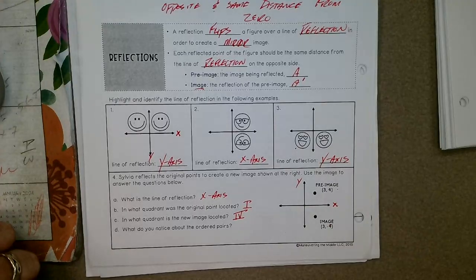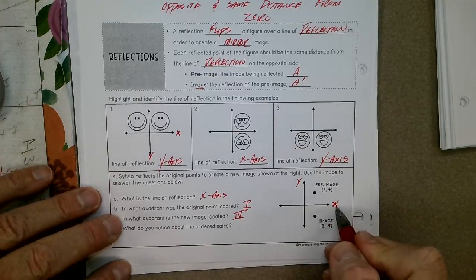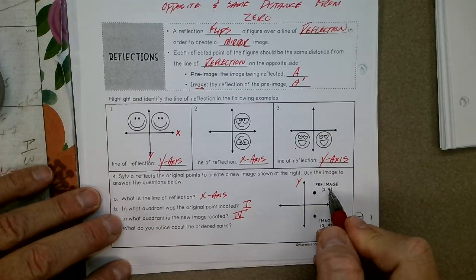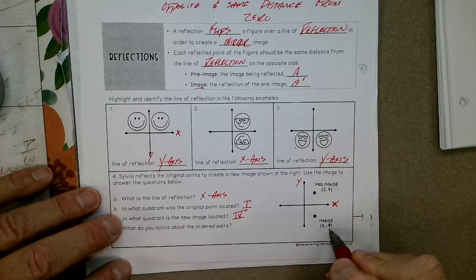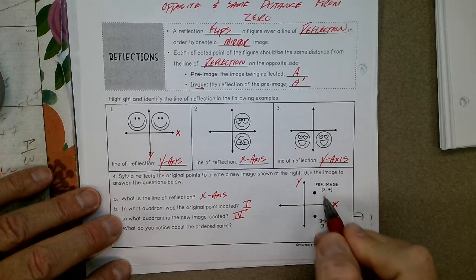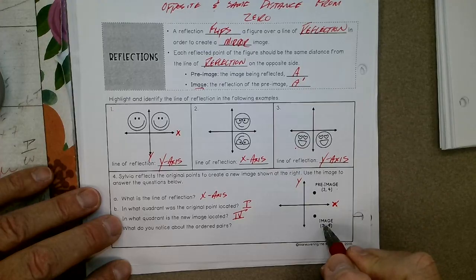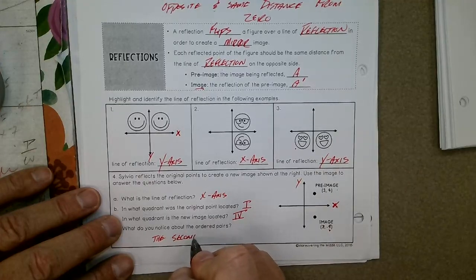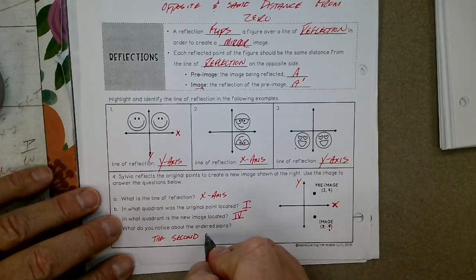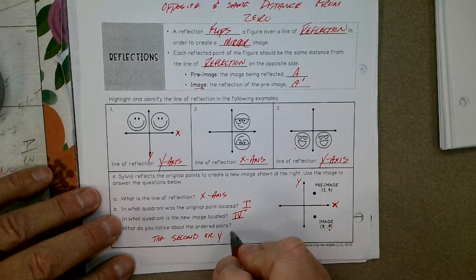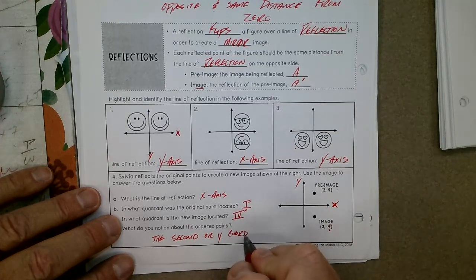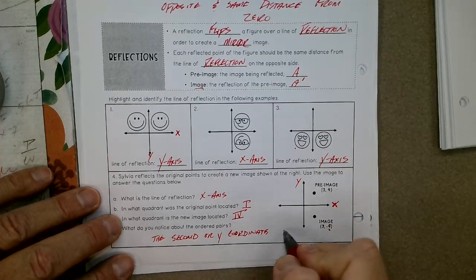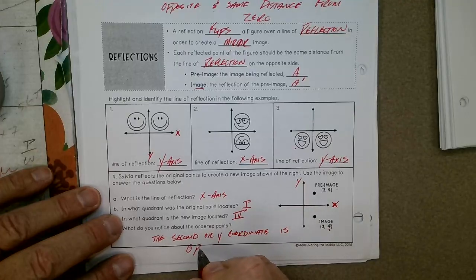What do you notice about the ordered pairs? This is where it gets tricky. When we reflect over the x-axis, we change the sign of the y-coordinate. So when we're going over the x-axis, we're going to change that second sign. So the second, or y-coordinate, is opposite.